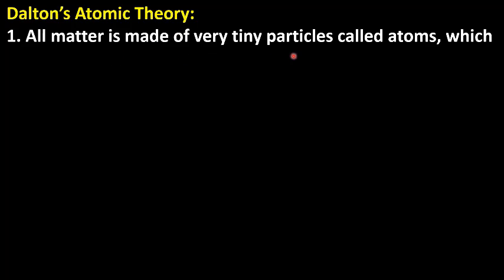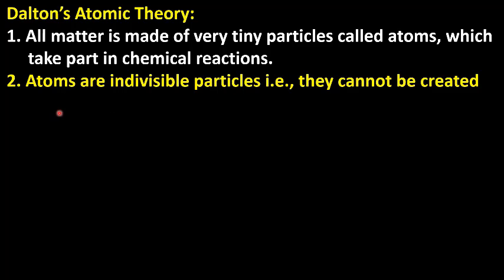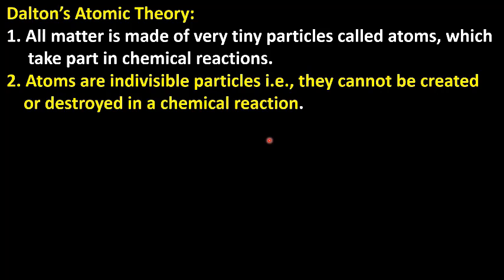All matter is made of very tiny particles called atoms which take part in chemical reactions. Atoms are indivisible particles, that is, they cannot be created or destroyed in a chemical reaction.